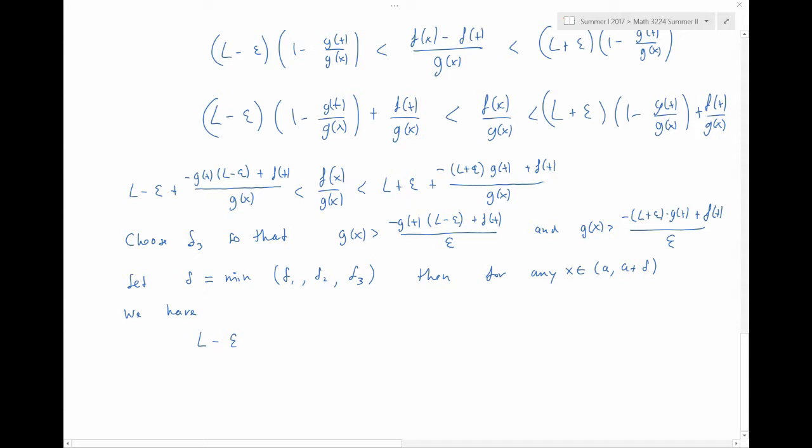So if the fraction is less than epsilon in absolute value, that is definitely going to be subtracting no more than epsilon from the left hand side. And at the same time, if the fraction on the right is less than epsilon in absolute value, then it's adding no more than epsilon.